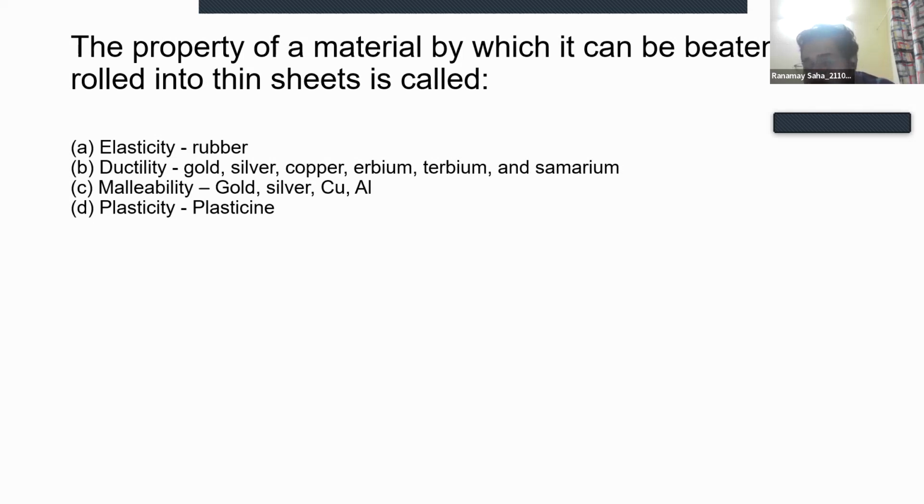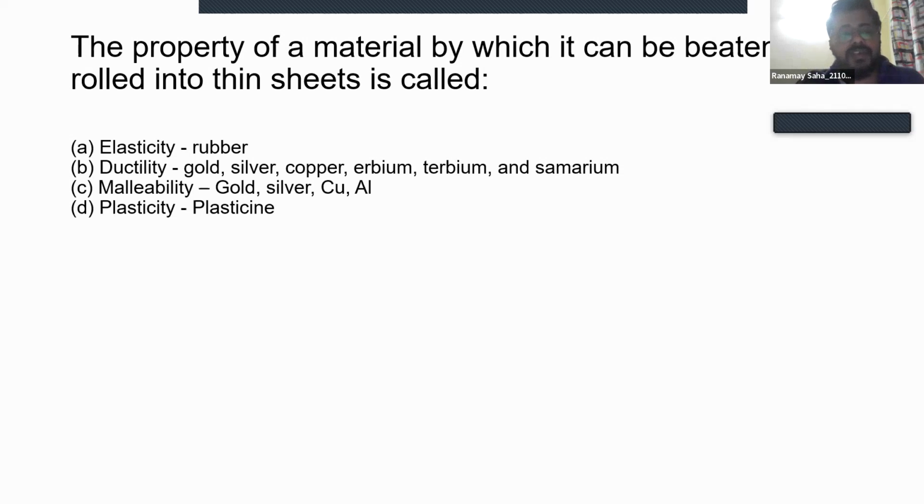However, in case of ductility, the opposite happens. The material has more resistance towards, sorry, I have told you the opposite thing. So in malleable materials, they have more resistance to tensile deformation, whereas in ductile materials, they have more resistance to compressive deformation.